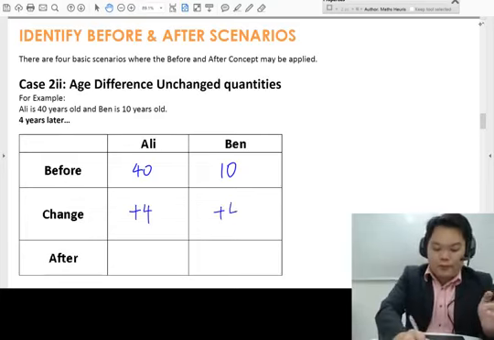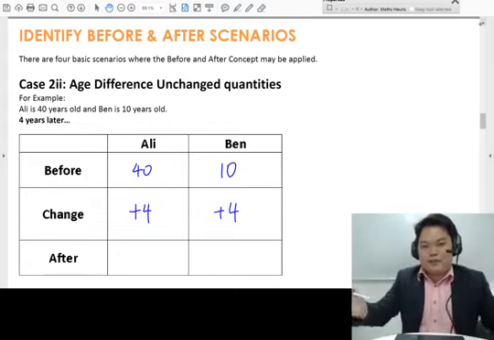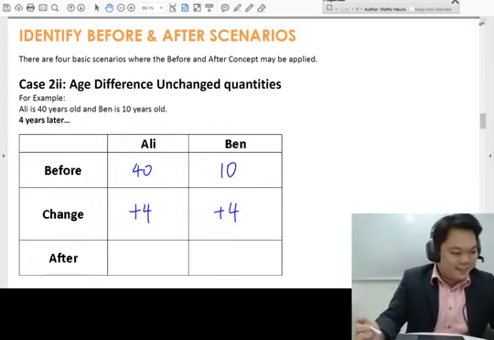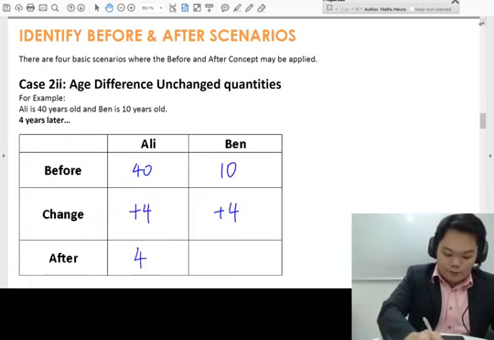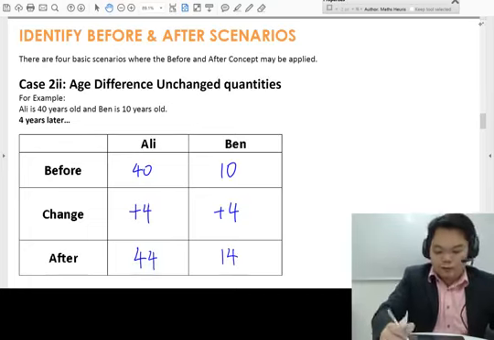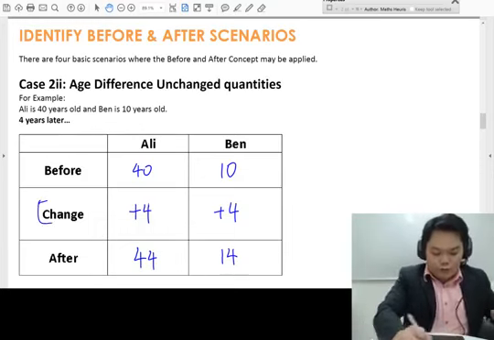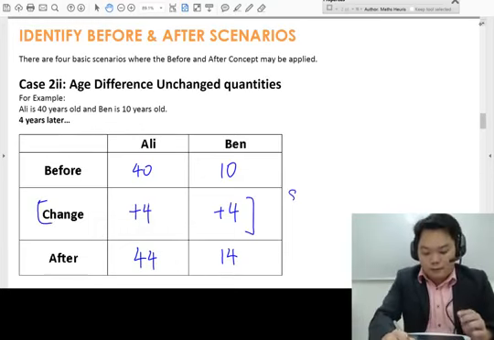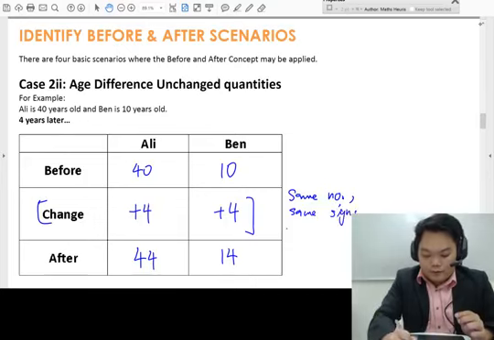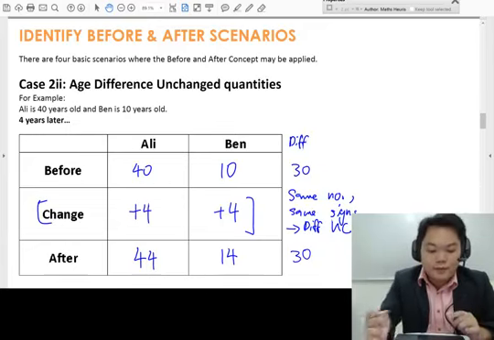It cannot be that one of them is still trapped at 10 years old, correct? So with that in mind, Ali becomes 44, Ben becomes 14. Then when we look at the change rule, we see the same thing. Same number, same signs. The difference remains unchanged. Okay? Still remains at 30.